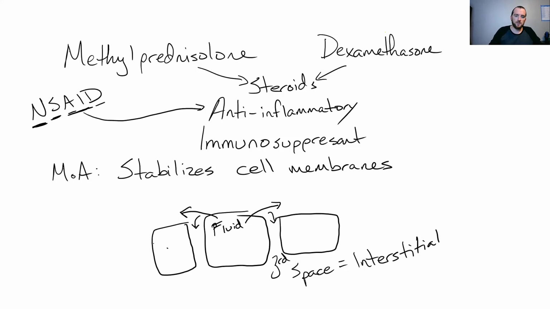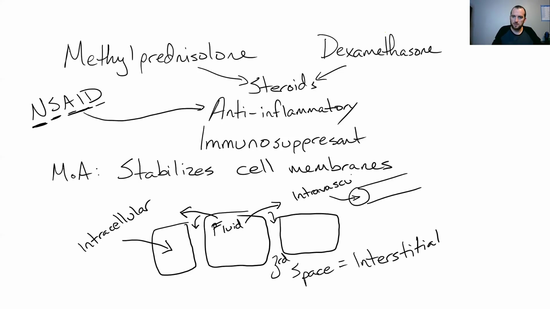So we have the space inside of cells, which we call intracellular space. And we have our bloodstream, that's our blood vessel. We have the intravascular space, just like when we start an IV. So there's three spaces that fluid's located in the body.